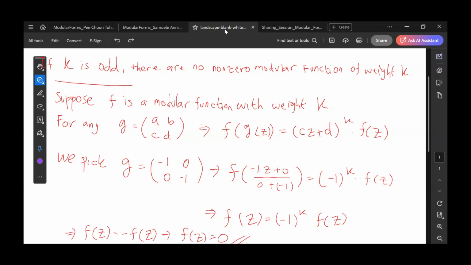So this is why we will never have a non-zero modular function with odd weight.